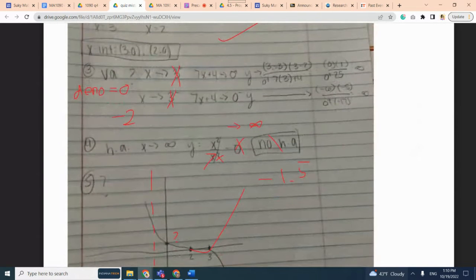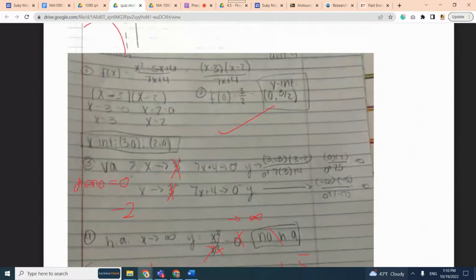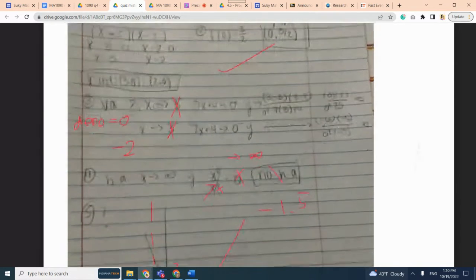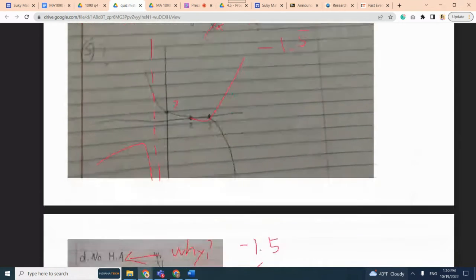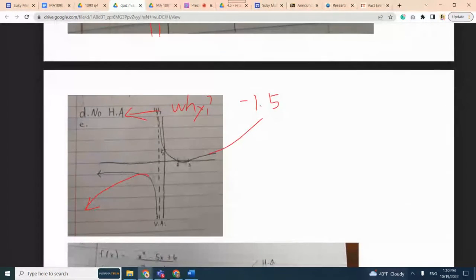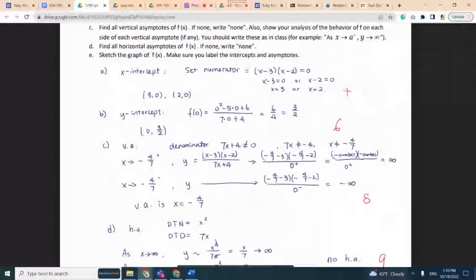Oh, vertical asymptote. We said the denominator equals 0. So that's why this is not 3. X-intercept: numerator is 0. Vertical asymptote: denominator is 0. So for rational functions, our steps are quite standard.